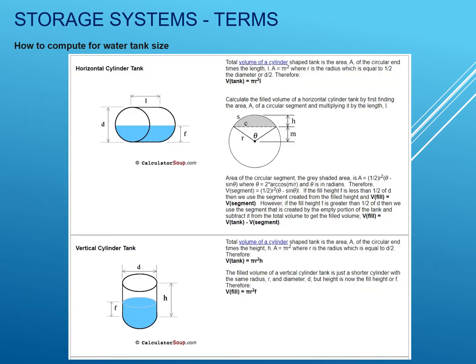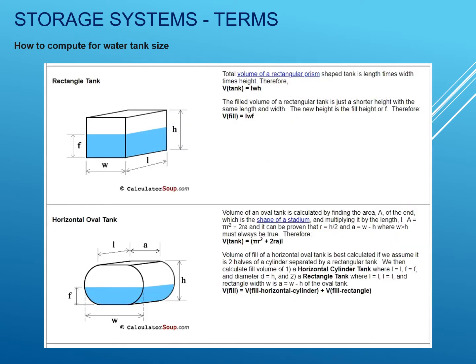Now these are the formulas if you would like to compute for your water tank size. As you can see, you have the horizontal cylinder tank and the vertical cylinder tank. This one is for the rectangular tank, then the horizontal oval tank.